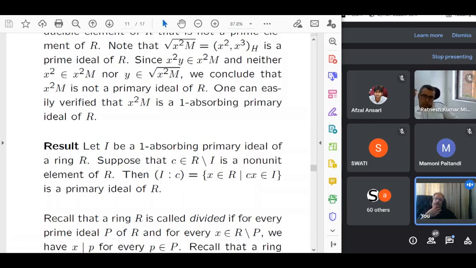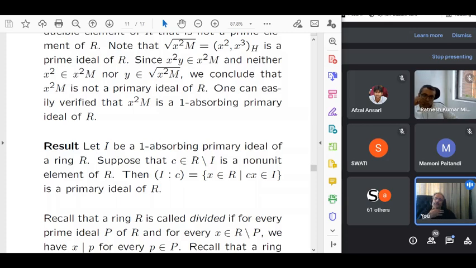That's a nice result, because by now we know how to construct one absorbing primary ideals that are not primary. But you can construct an ideal on top of the one absorbing primary that is primary.